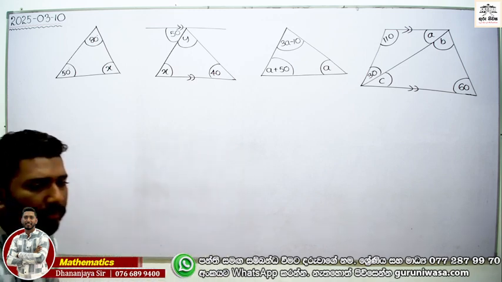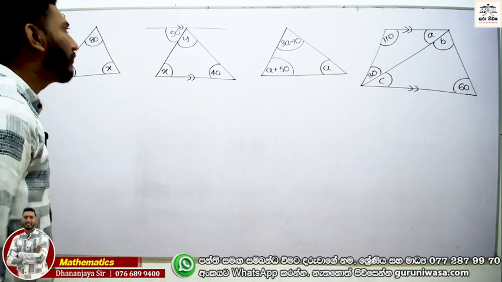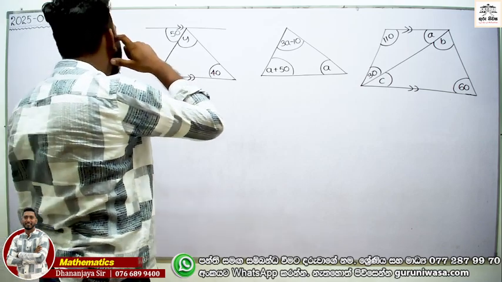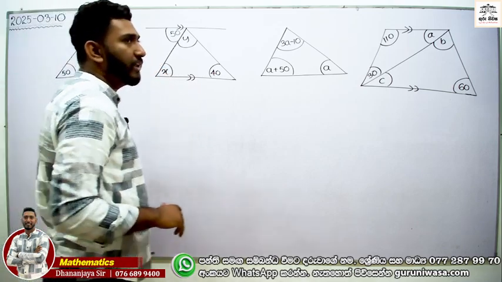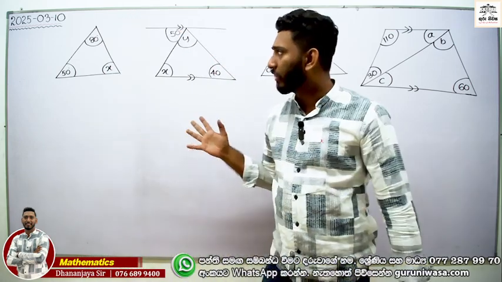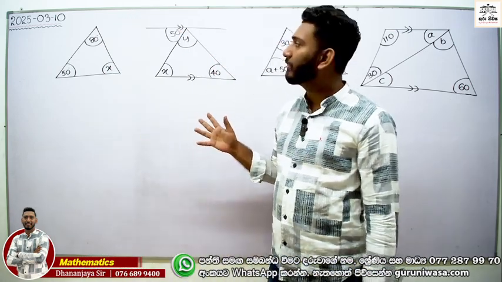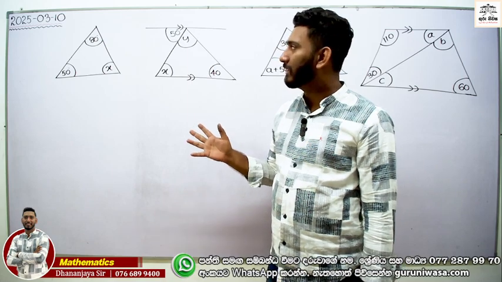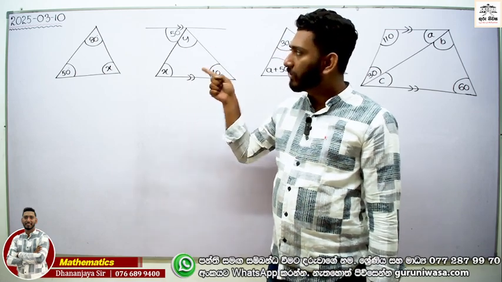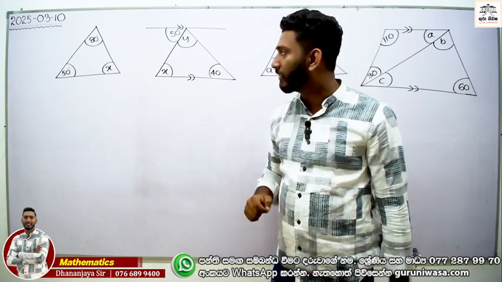Now I'm going to discuss. Remember the answer to the first one: the theory is very easy, and there are no extended sides, no accessories. This one is only a triangle, and you know the sum of the interior angles becomes 180.